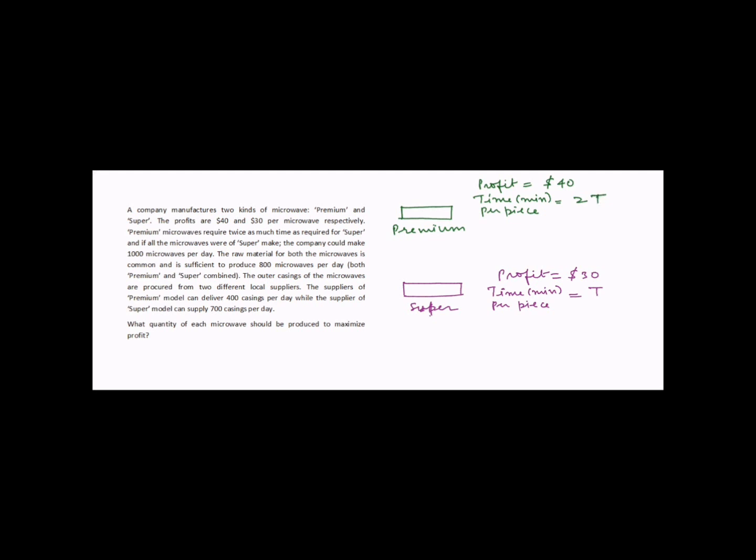Now this example considers that the manufacturing facility has a limited capacity with which you can either manufacture only the super type of microwaves, or you can manufacture only the premium type of microwaves, or you can manufacture a partial quantity of super and a partial quantity of premium microwaves.